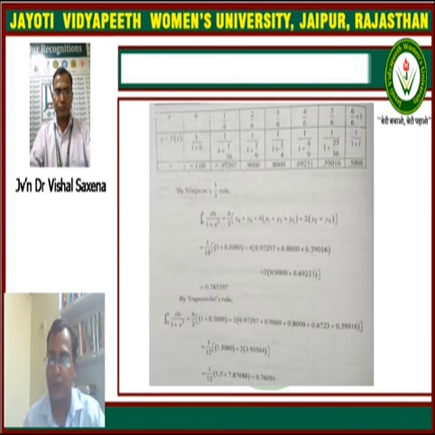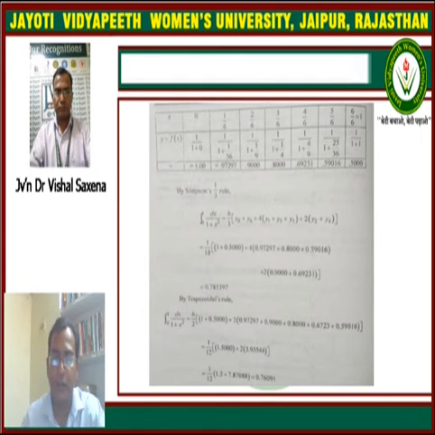Because we are solving by the trapezoidal rule, secondly we can see the formula of the trapezoidal rule. The formula is given by h/2 times the bracket y0 plus yn. Yn is y6, the last value, and it is 0.5. Y0 is the first value, it is 1.